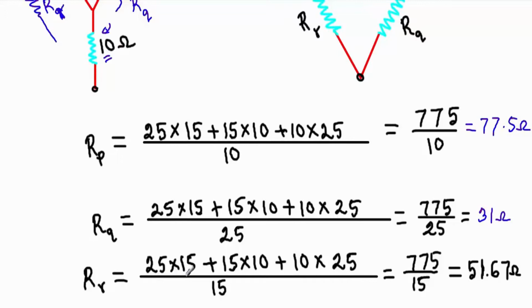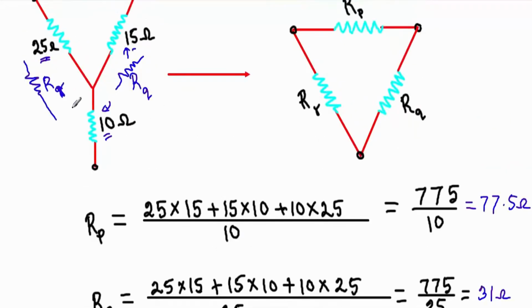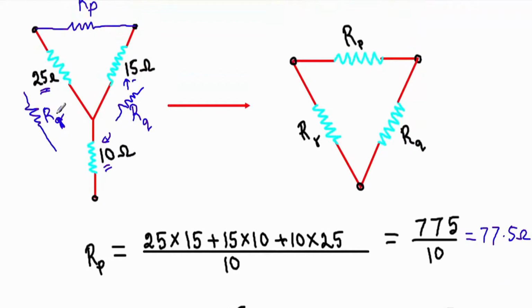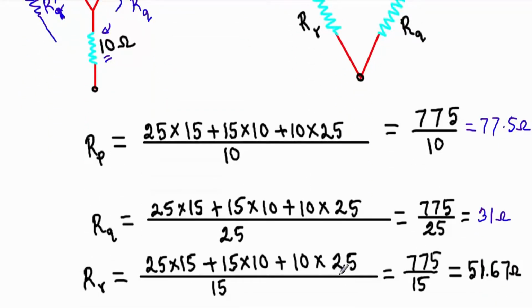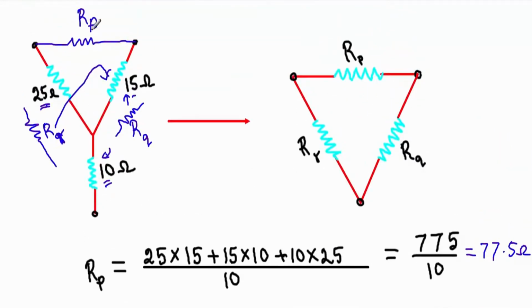Rr equals 25 into 15 plus 15 into 10 plus 10 into 25, and divide this sum by the resistance that is exactly opposite to this Rr, and that resistance is 15 ohm. I will get 775 divided by 15 equal to 51.67 ohm.